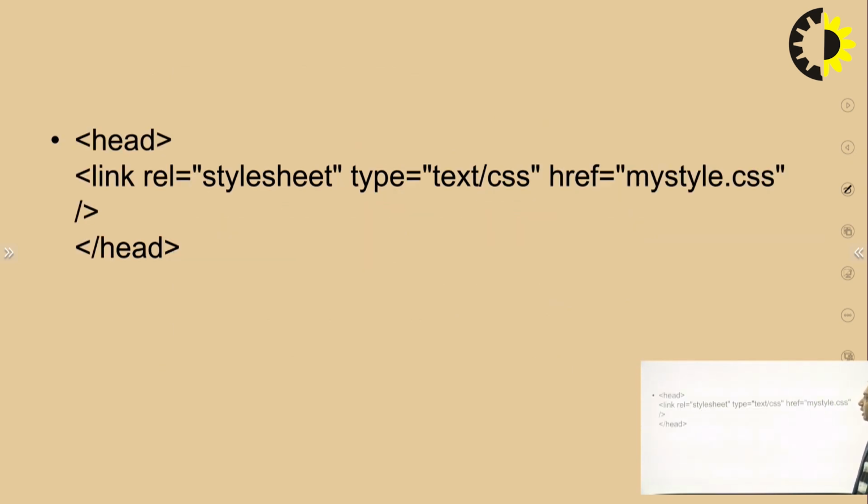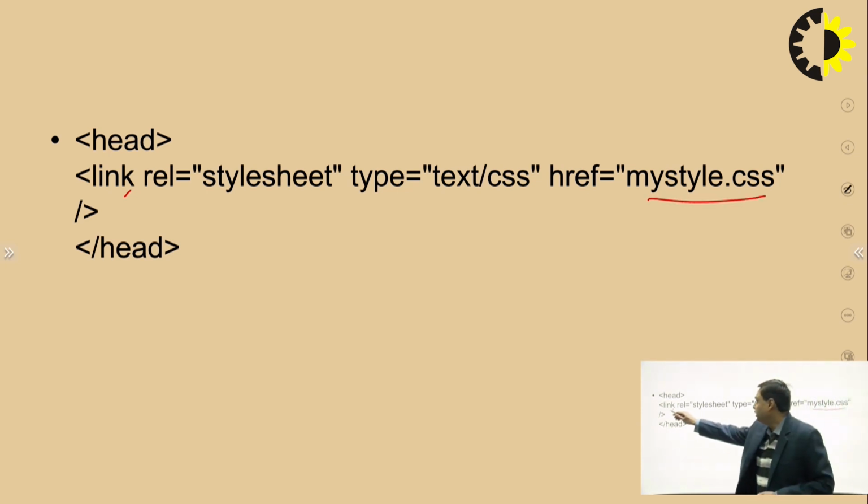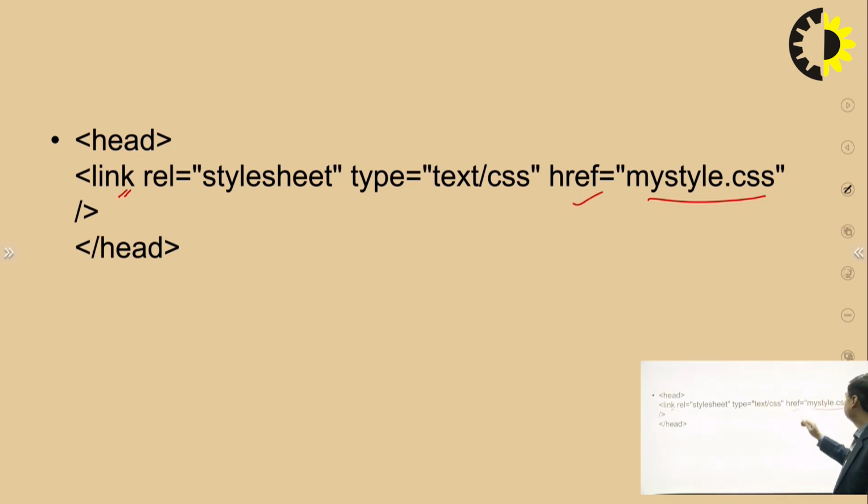Obviously the link tag should be defined in the head section, and for example the name of my external CSS is mystyle.css. So use the link tag and use the href attribute to include the external file in a particular HTML page. Then you can use other attributes: rel to define that this file is a style sheet, and you can define the type also, that is text/css.